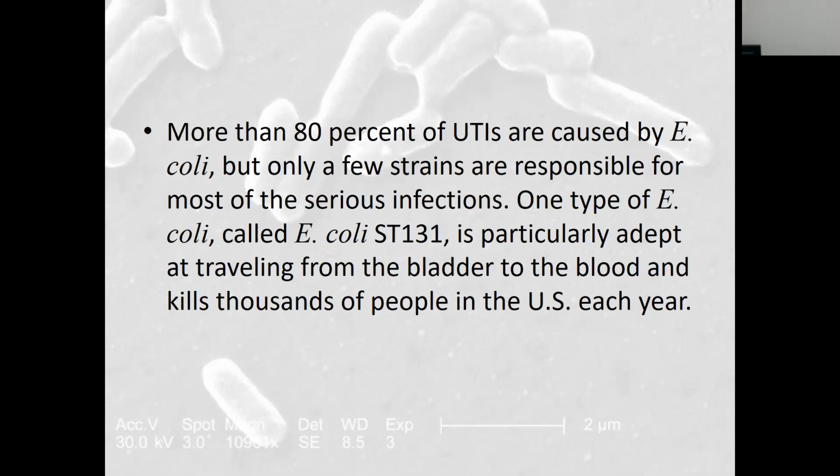So we have one type of E. coli called E. coli ST131. This particular one travels from the bladder to the blood, not good, and kills thousands of people in the United States every year. So what you're going to see is E. coli gets a little more variety, like it's strain 131, but we'll have some abbreviations that we key in on.